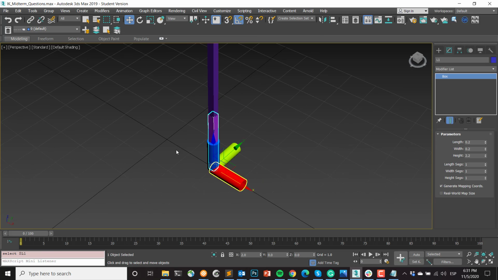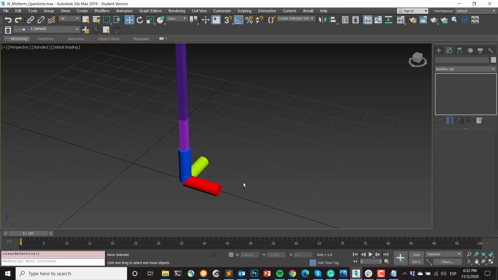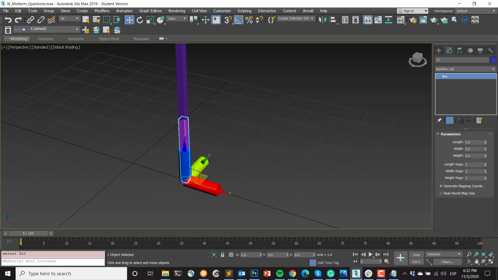So now these cylinders' parent is L1. If you move or rotate L1, they will stick together, right? What is happening here, as you already know, is that the transformation matrix of these guys will be multiplied by the transformation from its parent, which is L1. Okay, good.